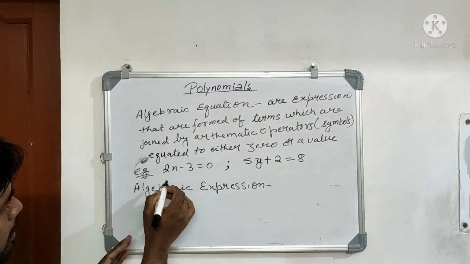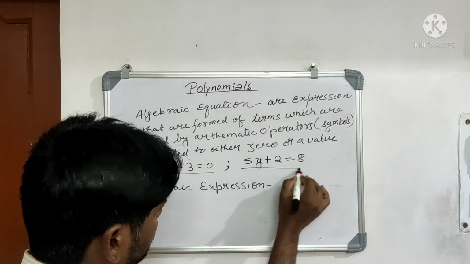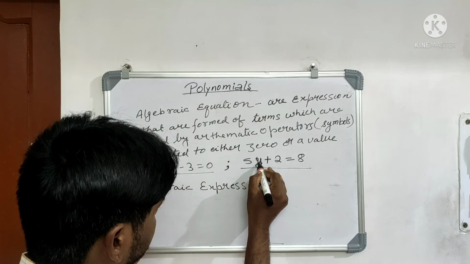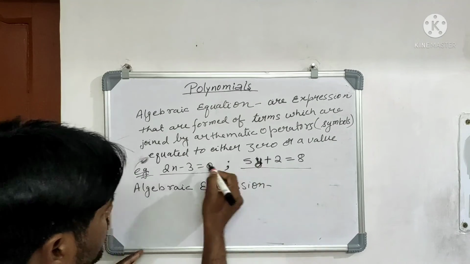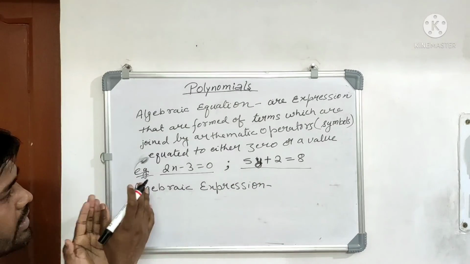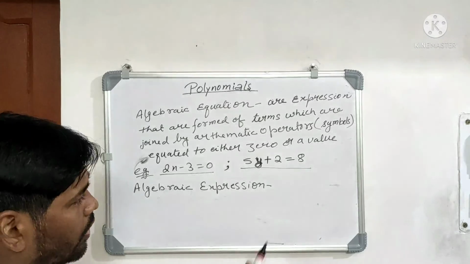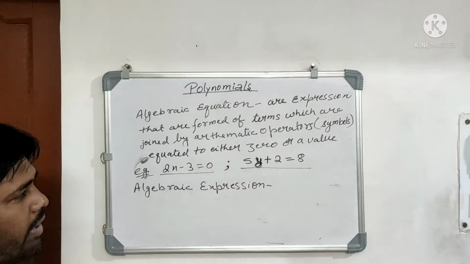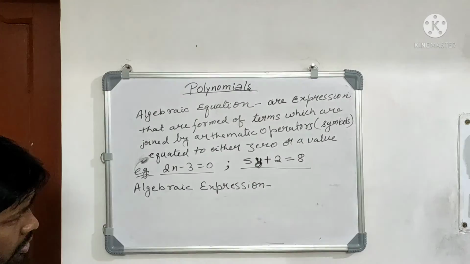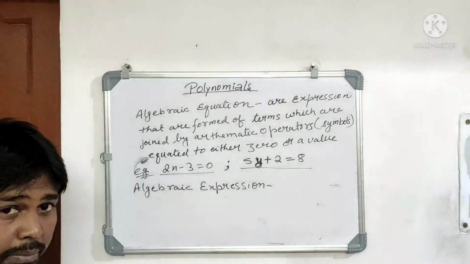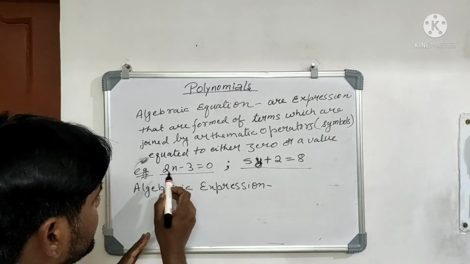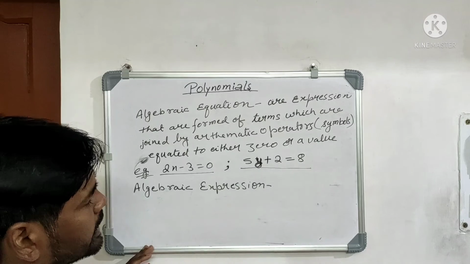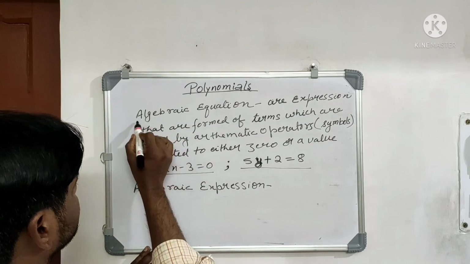Such a type of expression is a special type of expression where we have used an equal to sign for equating this expression either to 0 or to some specific value. Whereas in an expression there is no such criterion where it is supposed to be equated to 0.